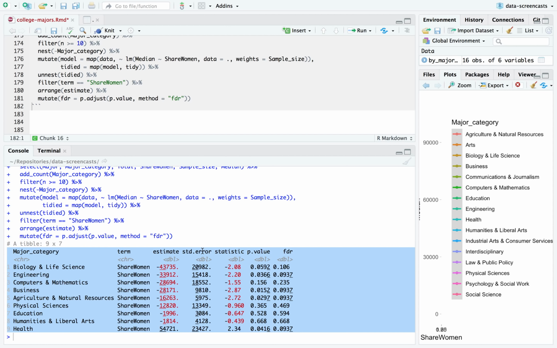But if I were writing an internal report, I would say there's a strong suggestion that at least a few of these, engineering, business, agriculture, health, have negative correlations between share of women and typical salaries, even within the department. That is, that correlation is not just across all departments, it's also within them.